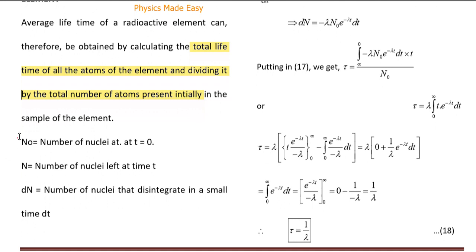Let N naught be the number of atoms at time t equal to 0, and N the number of atoms at time t. dN is the number of nuclei that disintegrate in a small time dt.